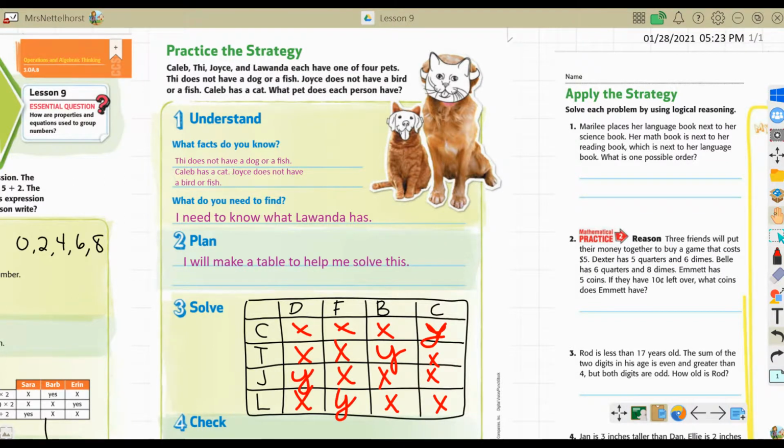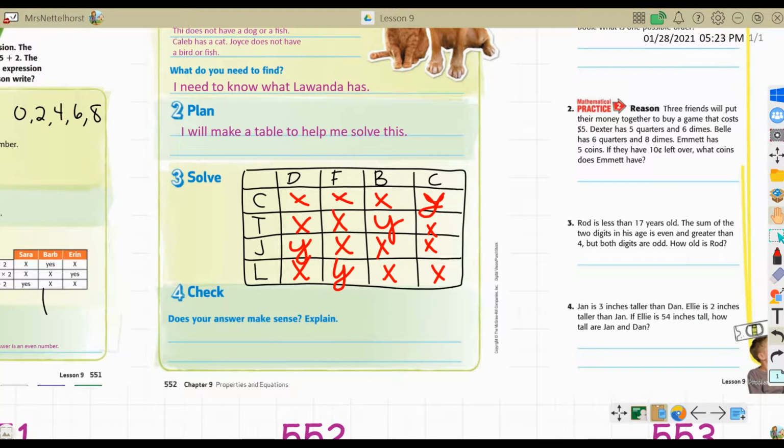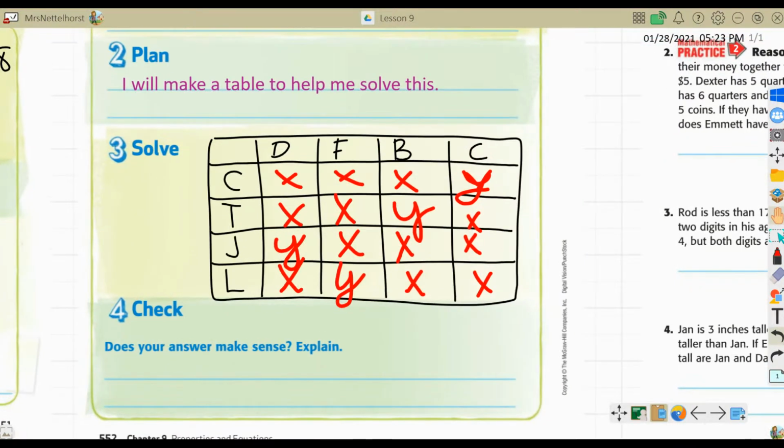Okay, so now let's check. Does our answer make sense? Explain. Well, yes, it does, because we already know that Caleb has to have a cat.